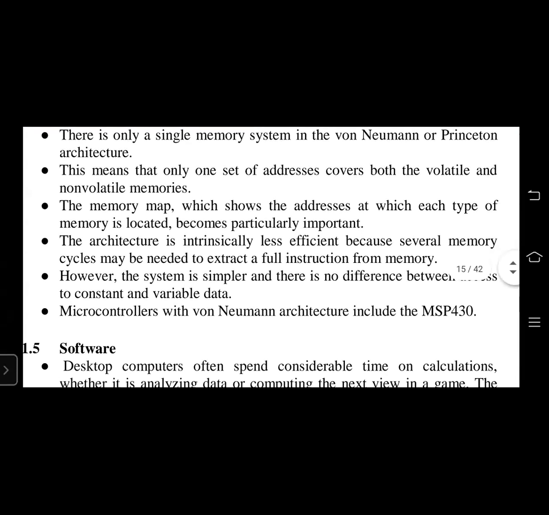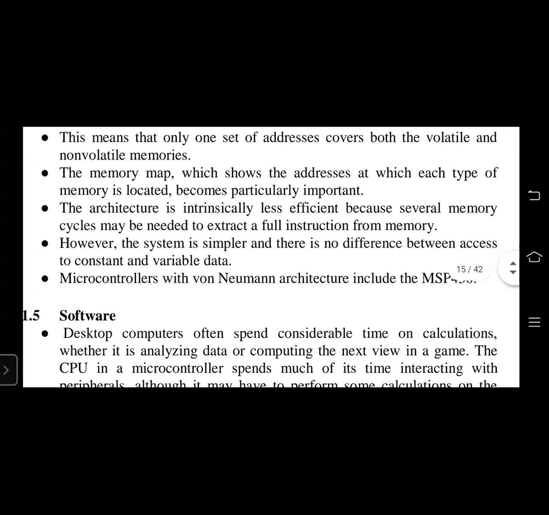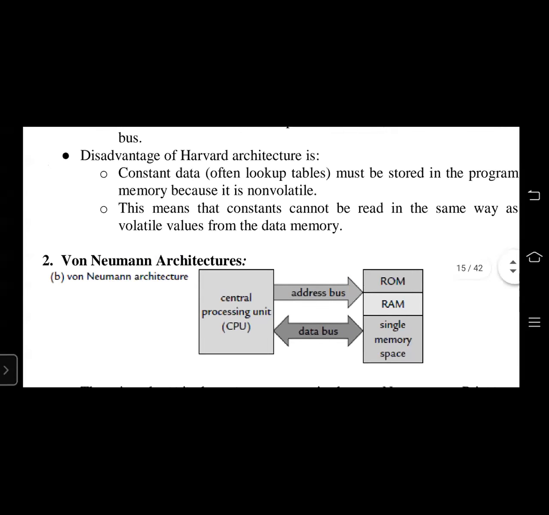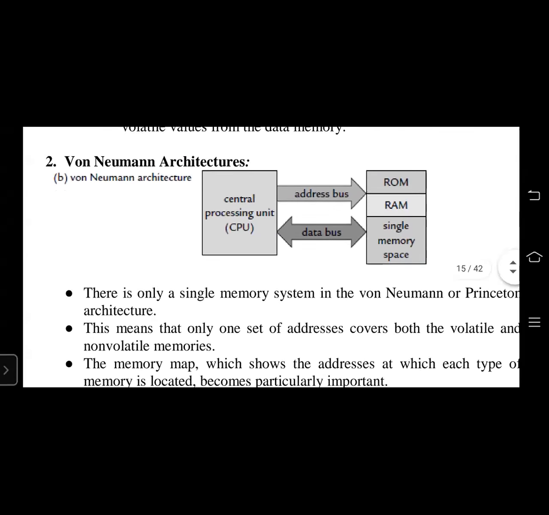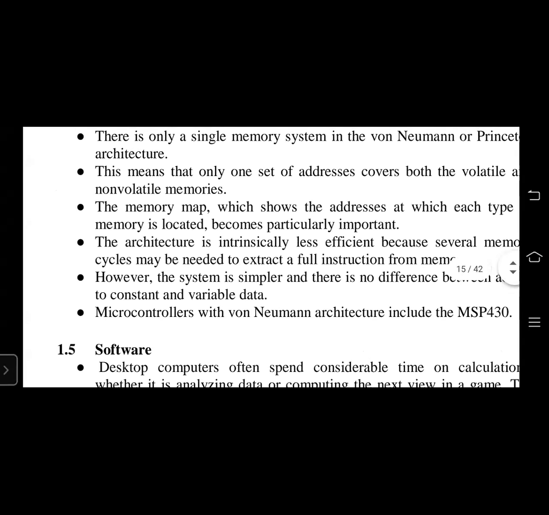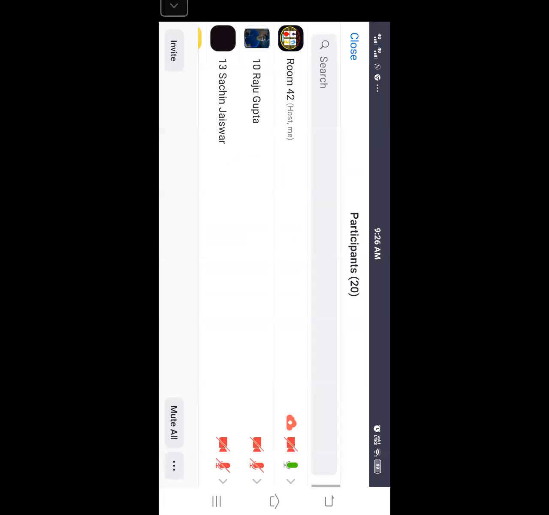Here you will access in the same way. Microcontrollers with the von Neumann architecture include the MSP430. So the MSP430 uses this von Neumann architecture. So that is all about the kinds of architectures that a microcontroller can have. So are you all clear? Anybody has any doubt?